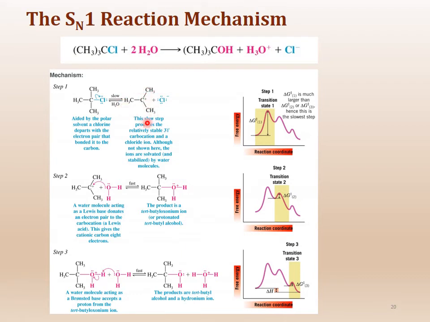We did not see this species at all in SN2 because it did not exist in SN2 reactions. It exists only in SN1. So here we form what is called a carbocation, with 3 bonds. I want you to note one more thing: the carbon went from being tetrahedral, sp3, to being trigonal planar, which is sp2. That's an important part of this mechanism.